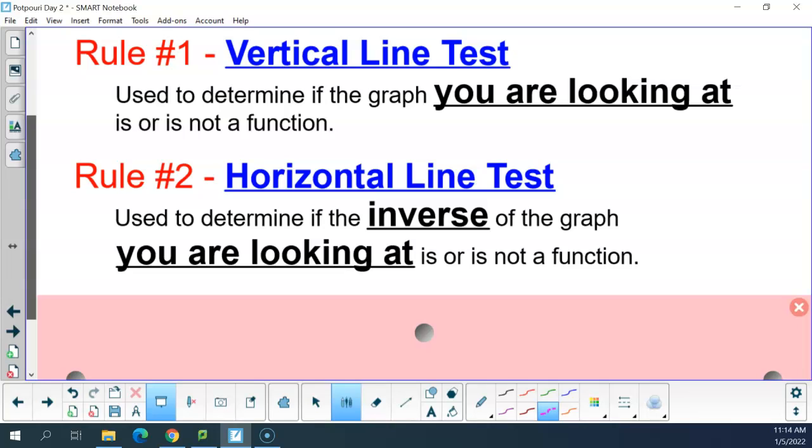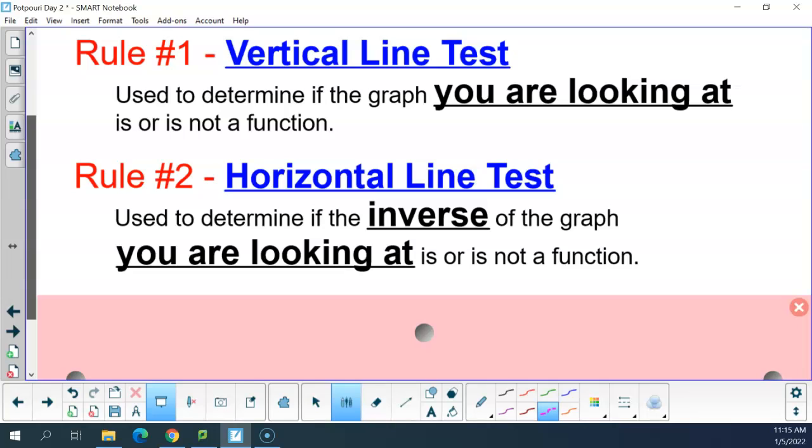Because remember, to find an inverse, we switch the x and the y. So vertical becomes horizontal, and so we check that. So vertical line test tells me if what I'm looking at is or isn't. Horizontal line test tells me if the inverse is or isn't.